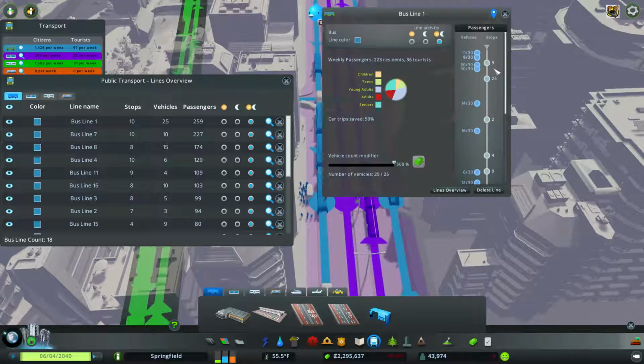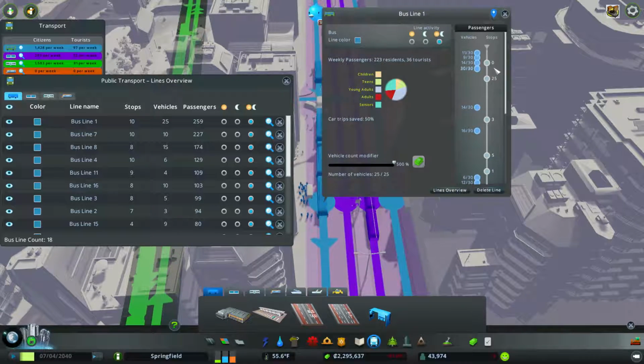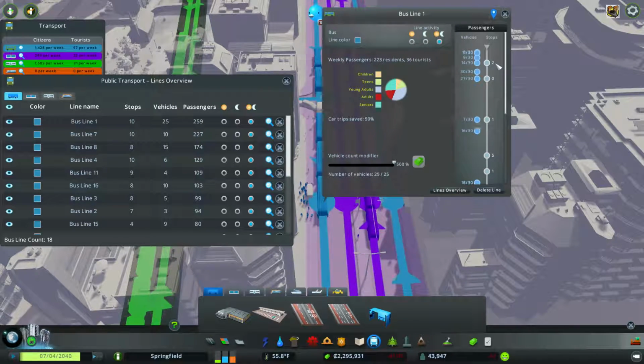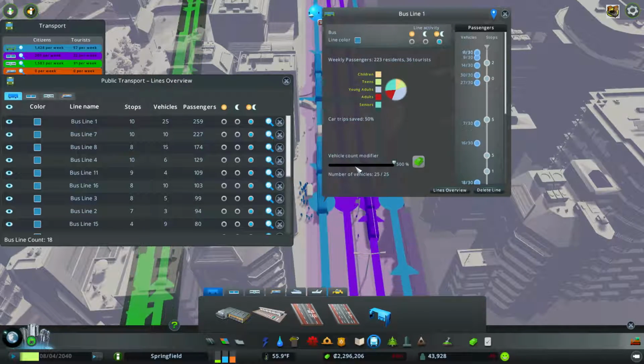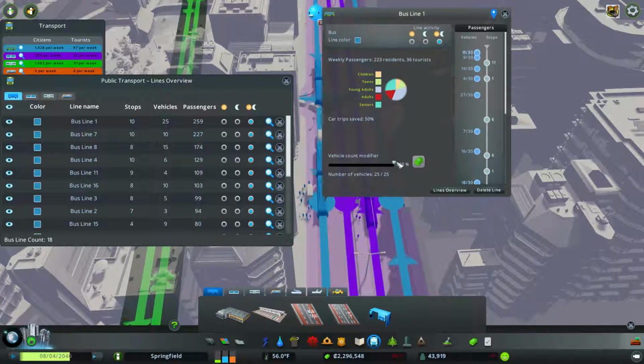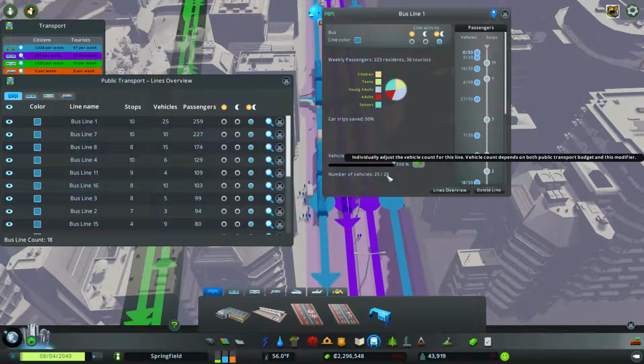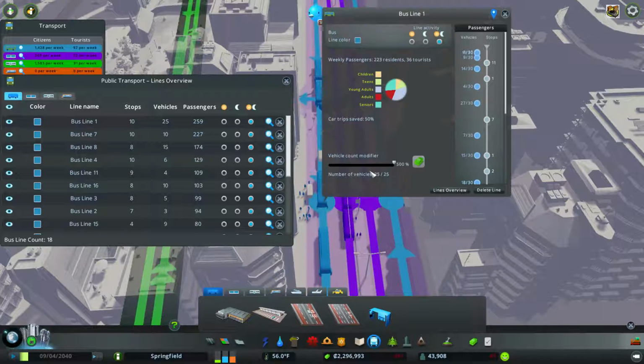Now if you notice that there are a lot of people waiting at one stop just all the time, like over 100 people, you can use this slider to add vehicles to the line. So I actually turned this one up all the way because this is a big line that a lot of people have been using.